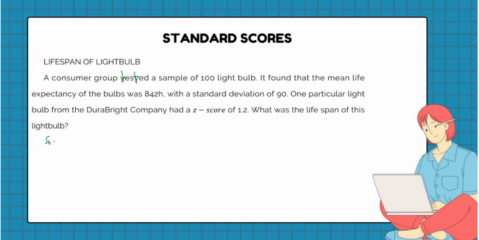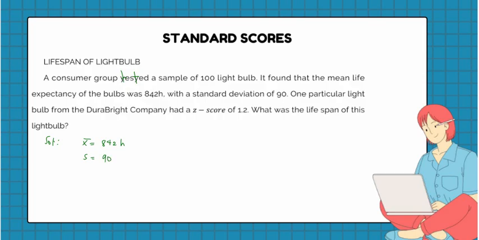So for a solution, of course, you are going to identify the given. So, yung given natin is that meron tayong mean na 842 hours. Tapos, meron tayong standard deviation na 90.